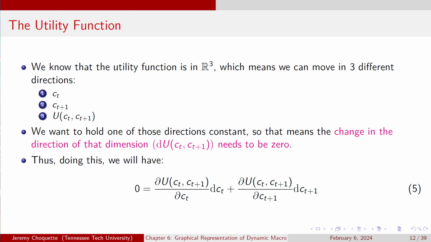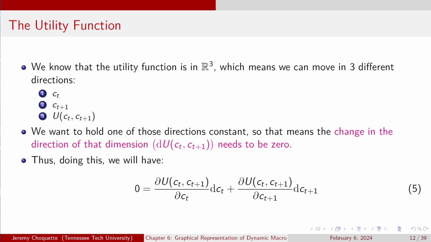So we know that this utility function exists in R3, which means we can move in really 3 different directions. We can move in the C sub t direction, the C sub t plus 1 direction, and then the U of C sub t and C sub t plus 1 direction. So 1 and 2 are the inputs, 3 is the output. Or 1 and 2 are the independent variables, 3 is the dependent variable.